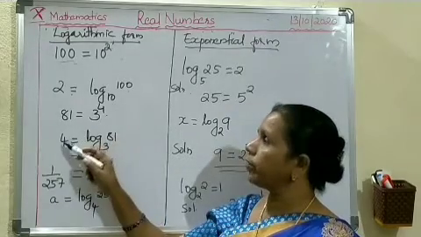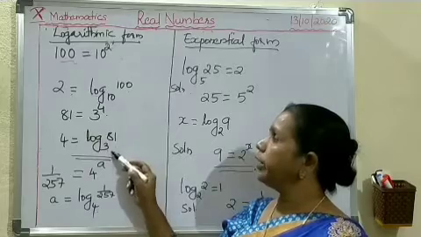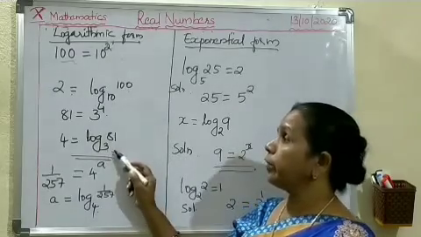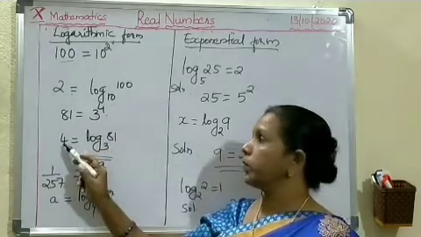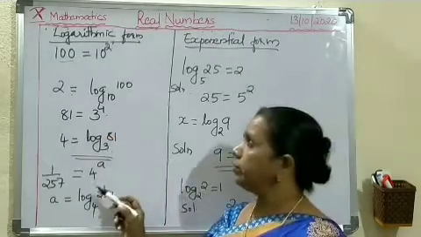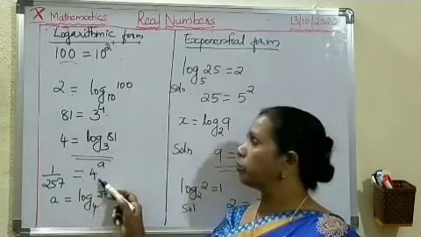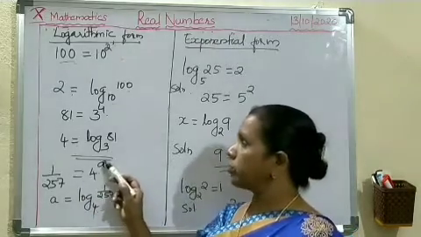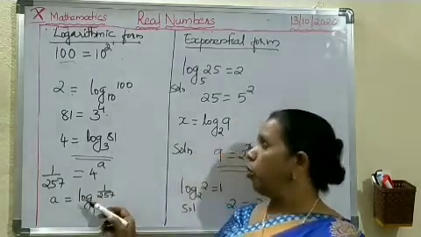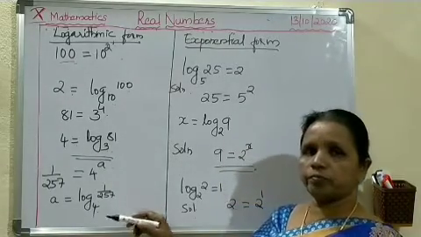Then 4 we write first. 4 is equal to log 81 to the base 3. The base is the same. The power we have to write in this place, and then the number, log 81. The next one, 1 by 257 is equal to 4 to the power a. Then a is equal to log 1 by 257 to the base 4.